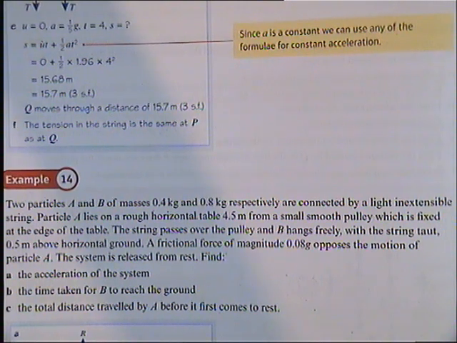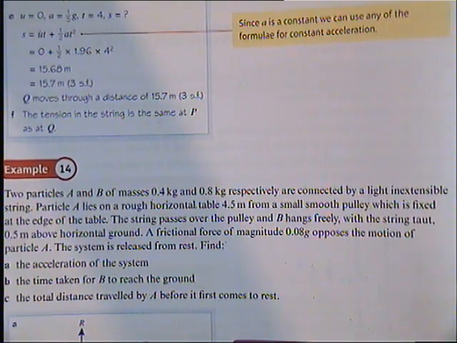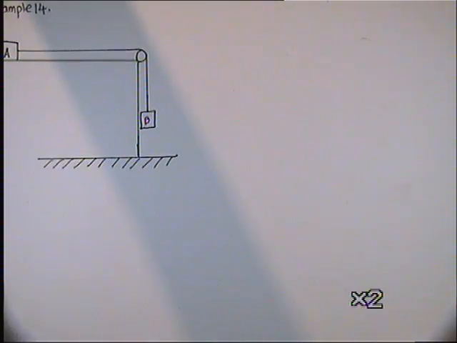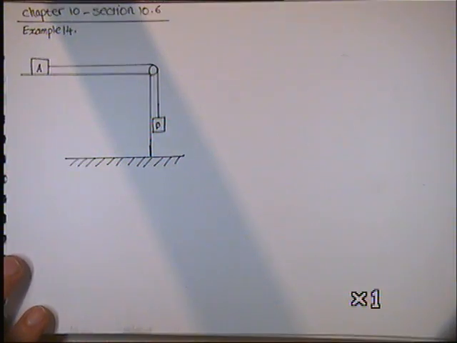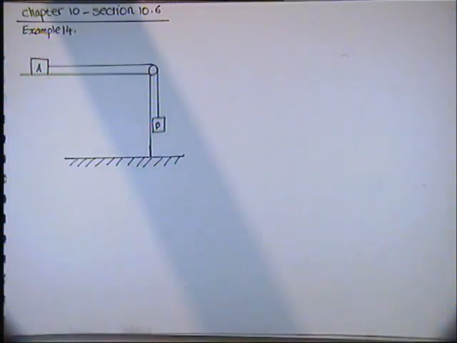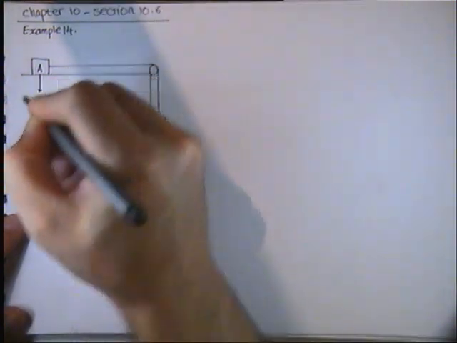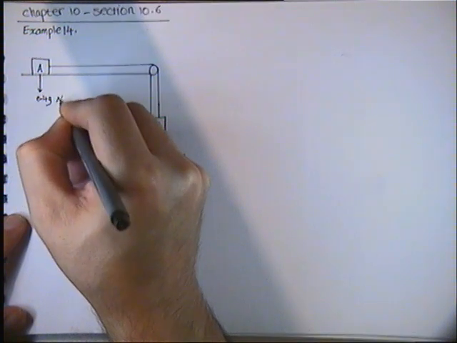Okay, to find the acceleration, the first and most important thing is to draw the diagram for this question, which I have already done to save our time, but we will go through pointing out the forces. Here is particle A, here is particle B. Particle A is 0.4 kg, so there is a force 0.4g newtons downward.